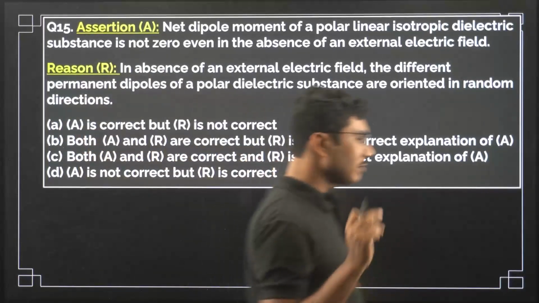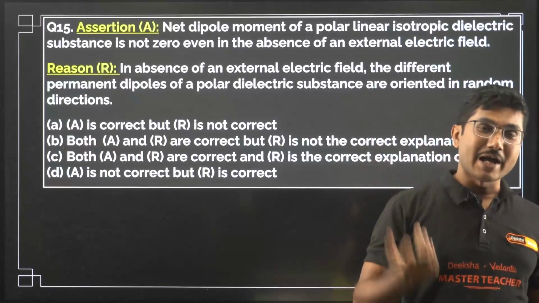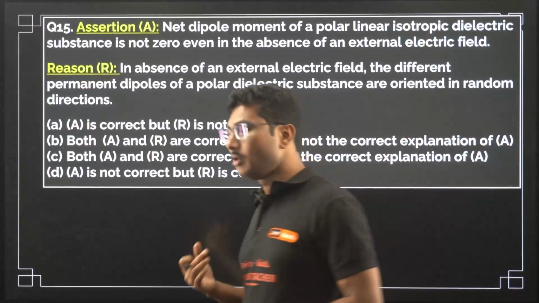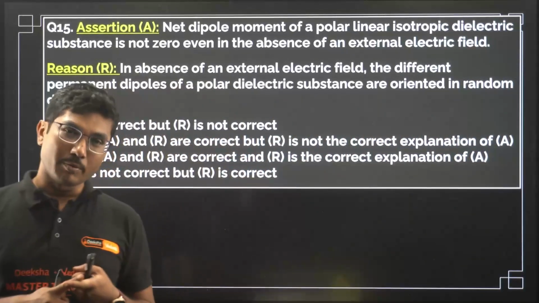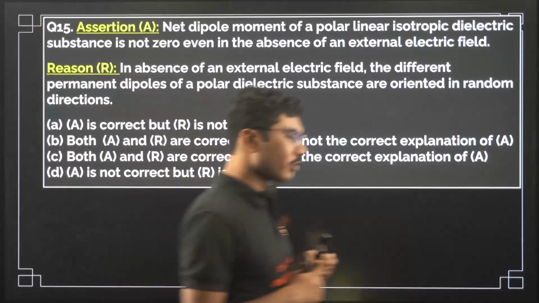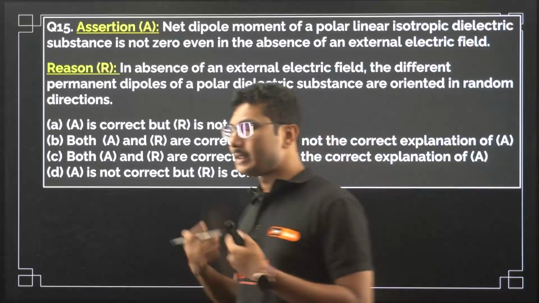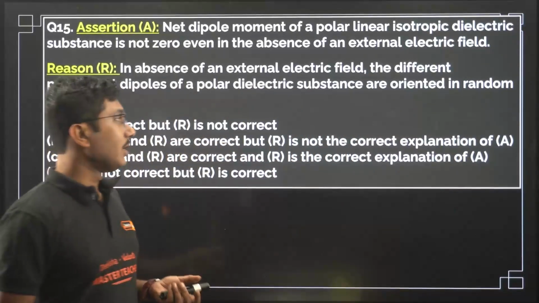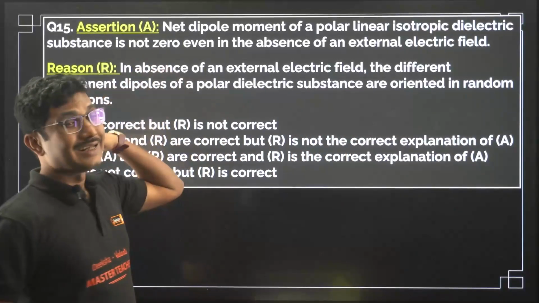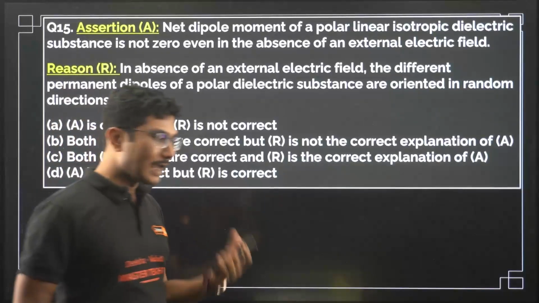Individual molecules still have a dipole moment if it is a polar molecule. Molecules may possess a dipole moment, and in the case of non-polar it is zero in the absence of an electric field. But the net dipole moment means what?